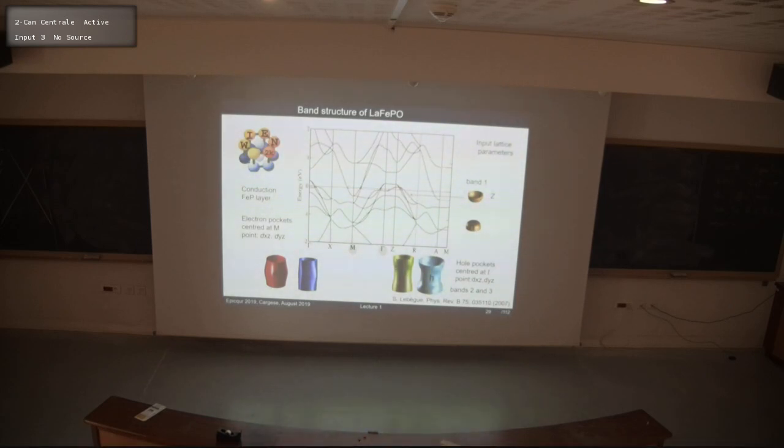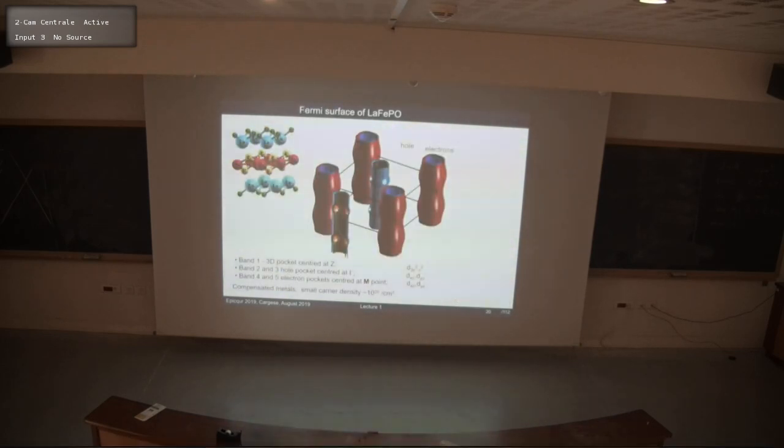quasi-two-dimensional Fermi surfaces. And this type of bands also are dominated by different types of orbital characters. So both the hole and electron bands have XZ or YZ character, whereas the Fermi surface, which is more two-dimensional, has a dz-squared character. And now if we put everything in the Brillouin zone, this is how a Fermi surface will look.